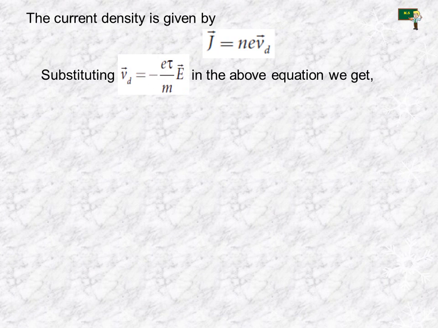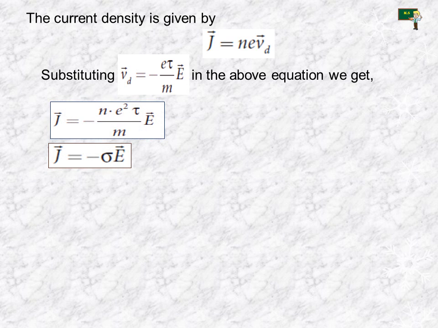So the current density is given by J vector is equal to n e Vd vector, and substituting the value of Vd from the drift velocity, we get Vd is equal to minus e tau E vector divided by m from the above equations, and we get J is equal to minus n e square tau into E vector divided by m, because we have an e in the drift velocity and also in the J. Instead of these values, we can put sigma.